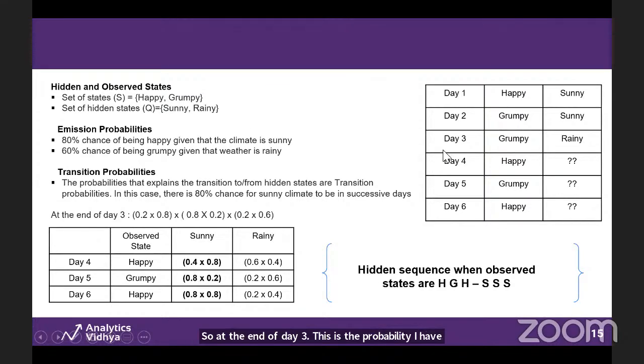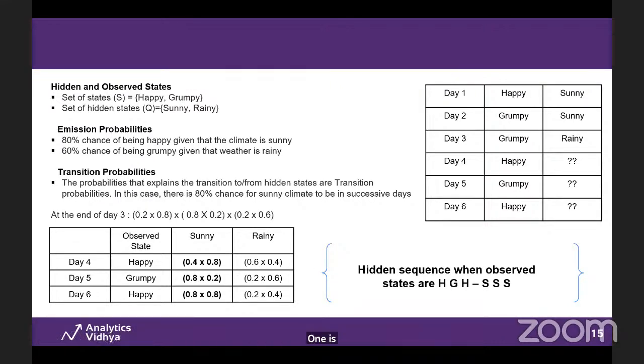Given that the data tells me that on day 4, the person is happy, how do I know if the weather was sunny or rainy? Let us look at that. So on day 4, we know that the person was happy, and on day 3, the weather was rainy. So there are two possibilities here. One is sunny and the other one is rainy.